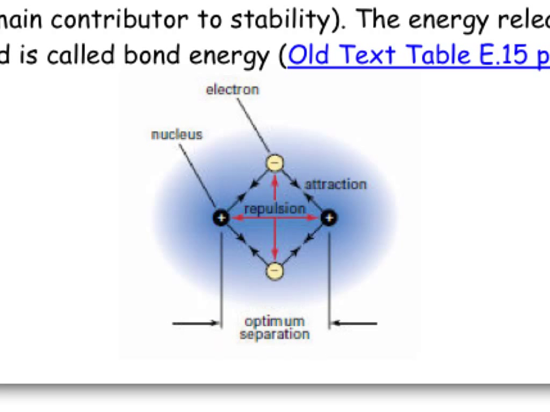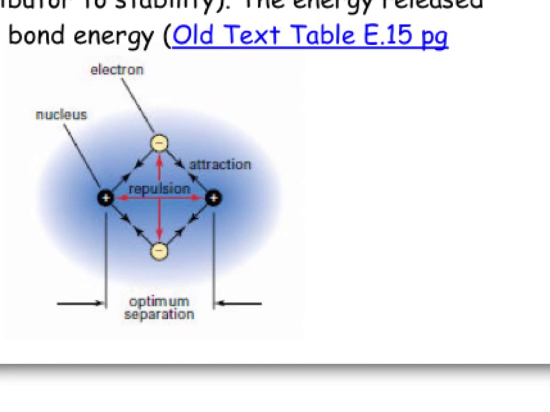So how does this release energy? Well, in order to have optimal particle separation, the electrons need to stay put. That means that they have to slow down. They can't wave back and forth as much as they used to when the atom was independent.